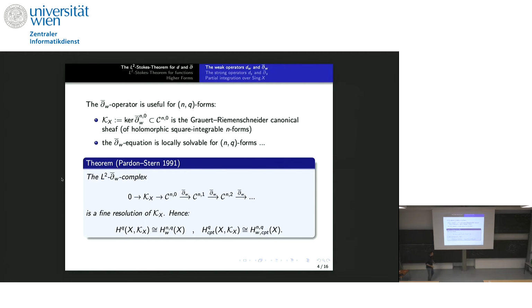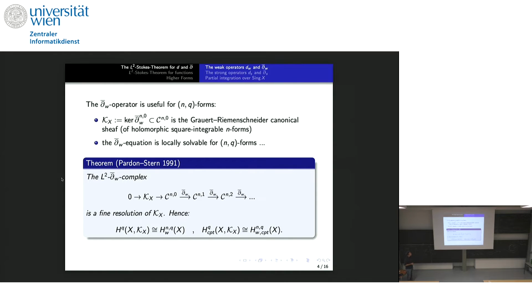So maybe I should write it. By the transformation law, the L2 norm of n forms can just be computed as the integral of omega wedge omega conjugated, for example, and then the transformation law says that if you push this forward, it remains the same. So this is the L2 norm for (n,0) forms or (0,n) forms. It's the same.